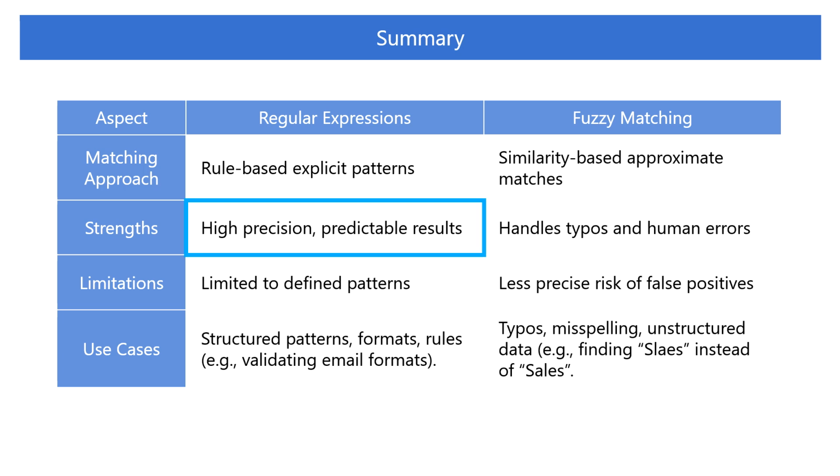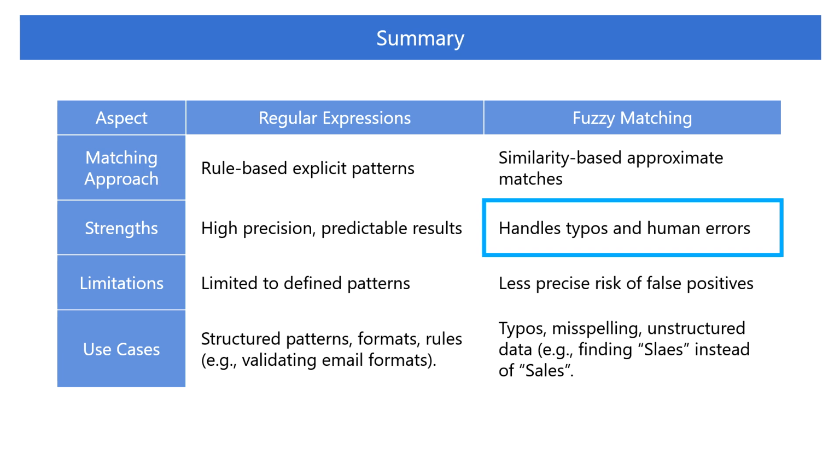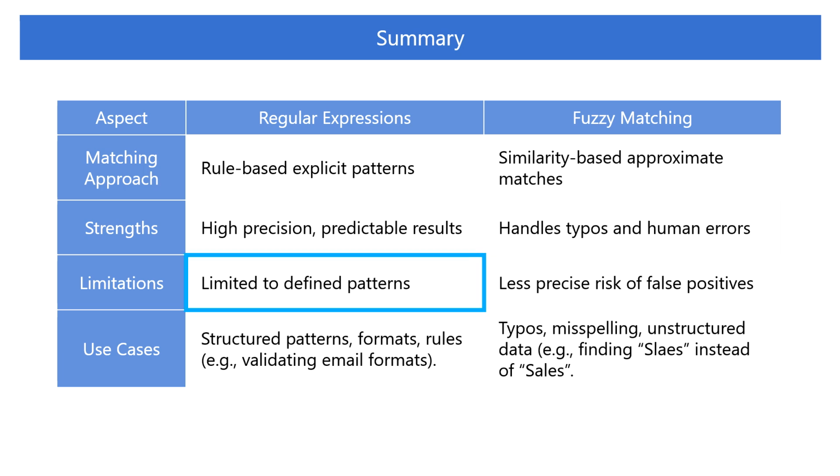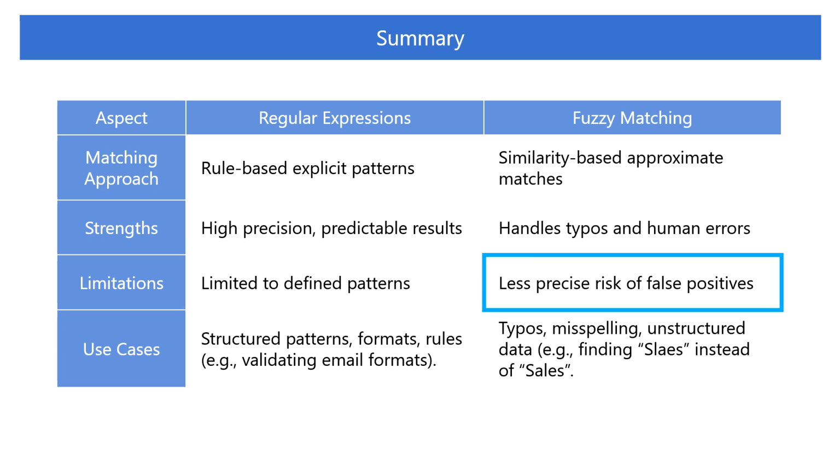The strengths of regular expressions are high precision and predictable results, while fuzzy matching is effective in addressing typos and human errors. As to limitations, regular expressions are limited to predefined patterns and less flexible. On the other hand, fuzzy matching is less precise, with a higher risk of false positives.